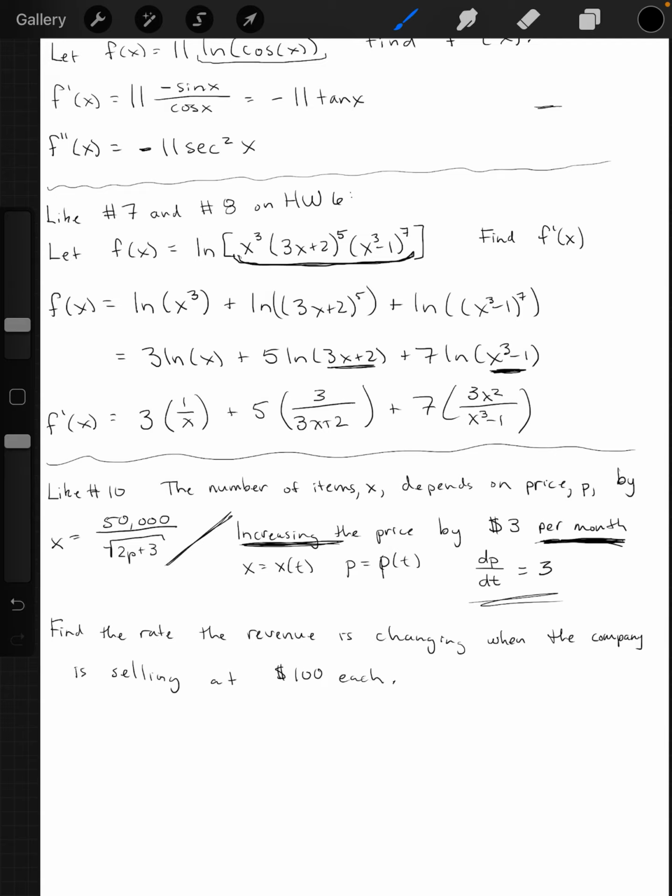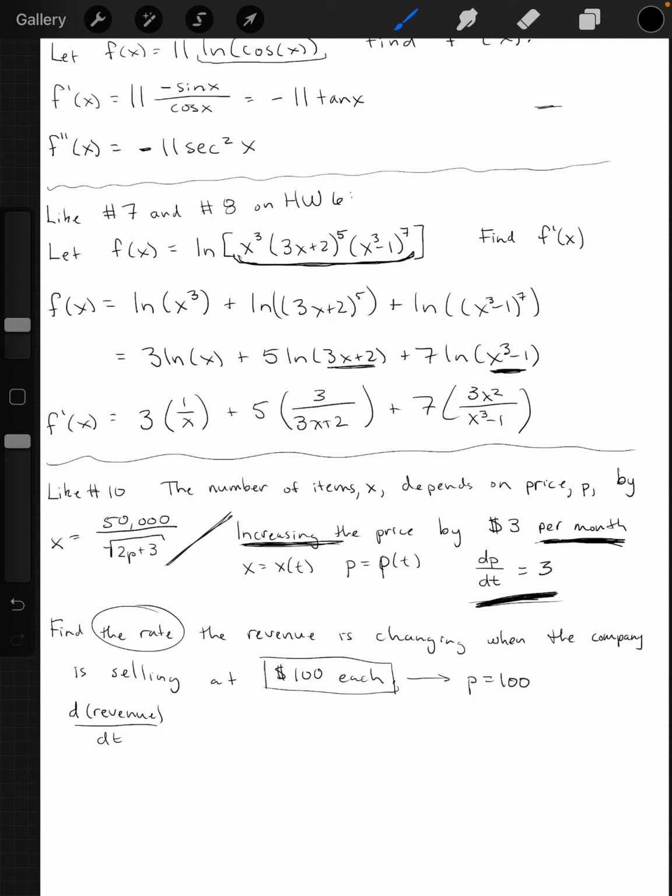So what we can get from this is that our question is, what is d revenue/dt? Rate tells us we're looking at a derivative, and the only other information we have about derivatives is with respect to time. And this also tells us that we specifically care about it when p equals 100.